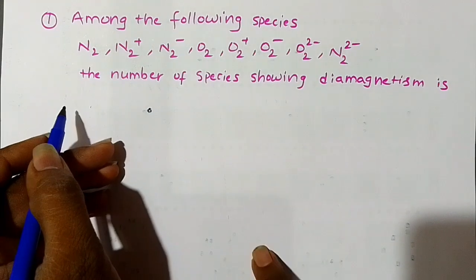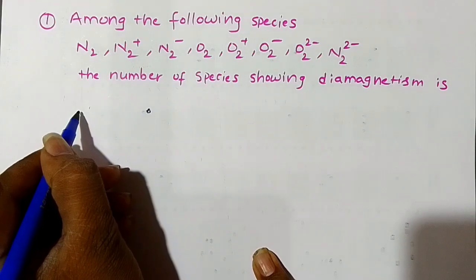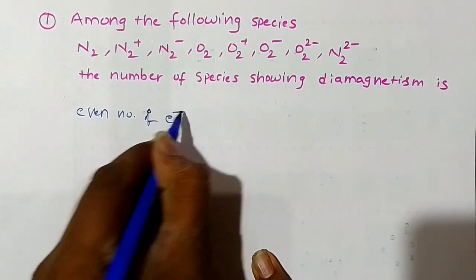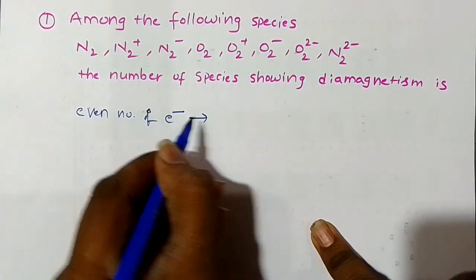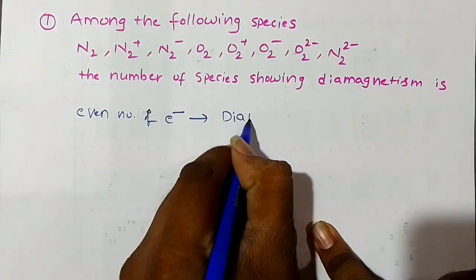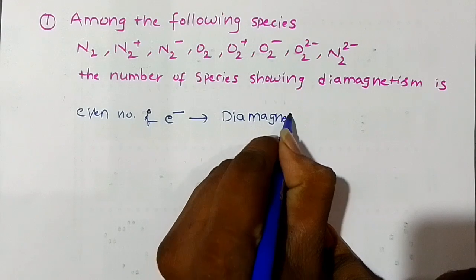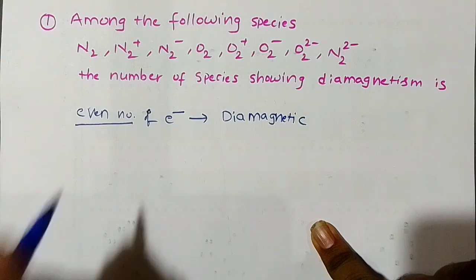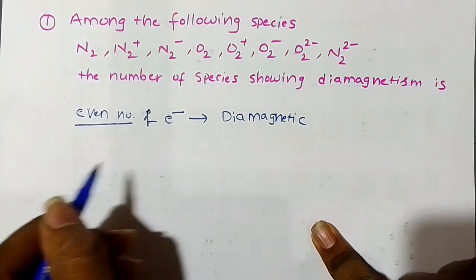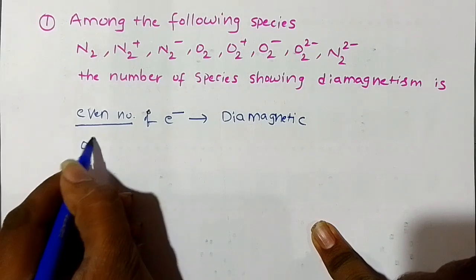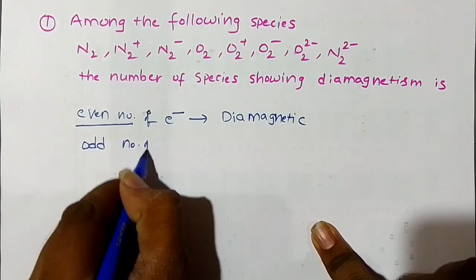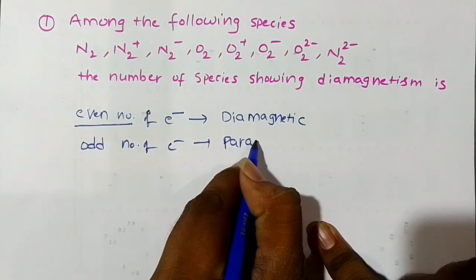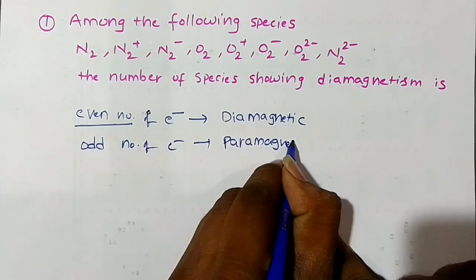Already you know that the species which contains an even number of electrons can show diamagnetic character, and the species which contains an odd number of electrons can show paramagnetic character.